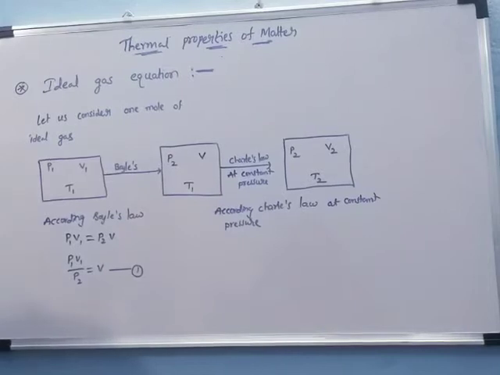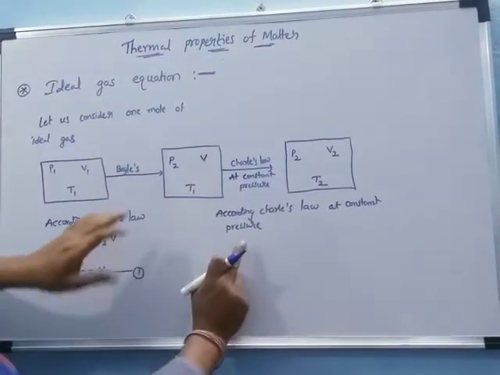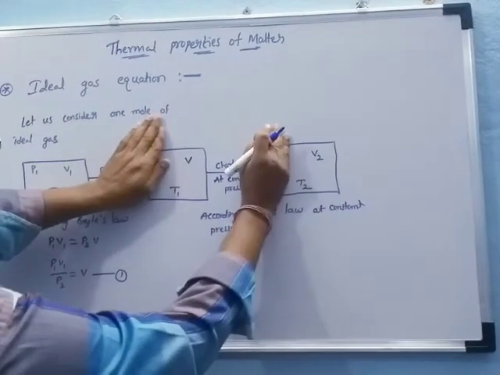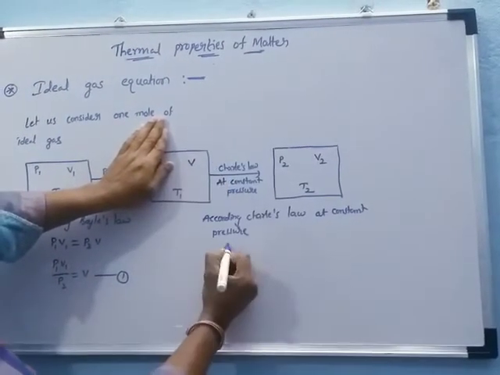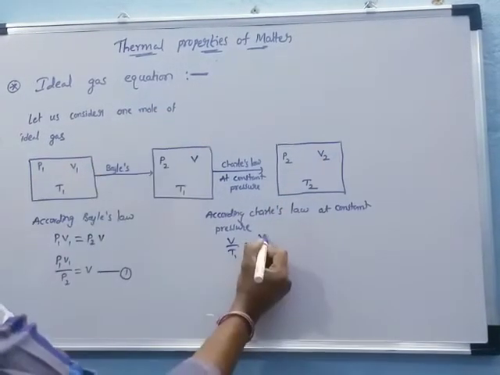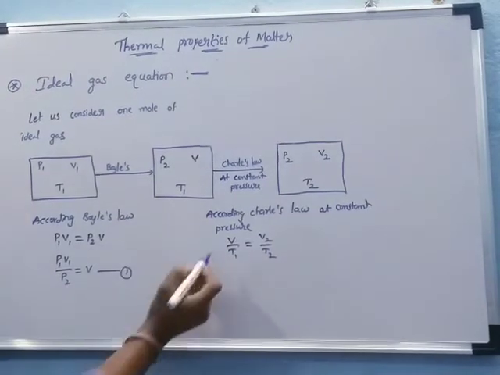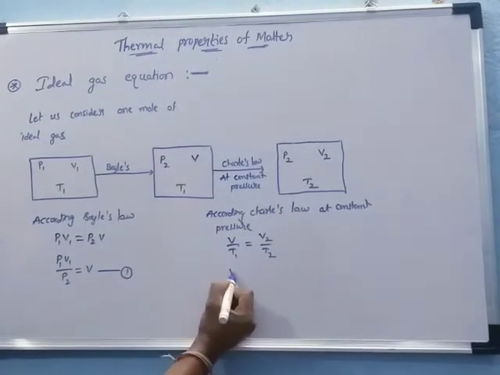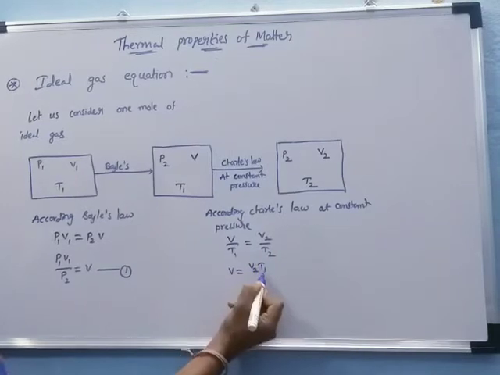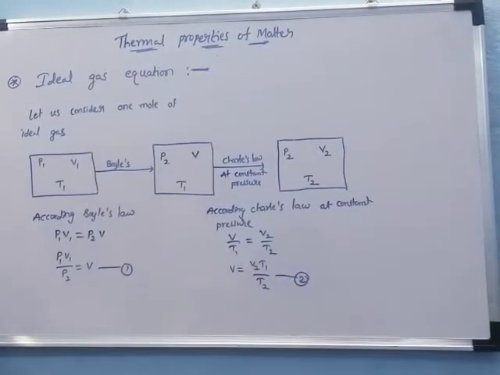That is the principle of Charles law at constant pressure. Here the pressure is constant, so the remaining relation is V1 by T1 equal to V2 by T2. Writing V, taking T1 to the other side, V is equal to V2 T1 by T2. This is considered equation number 2.